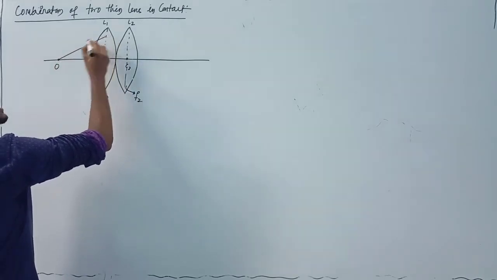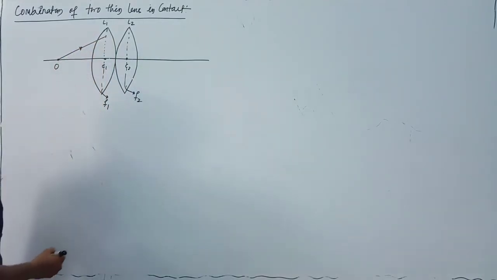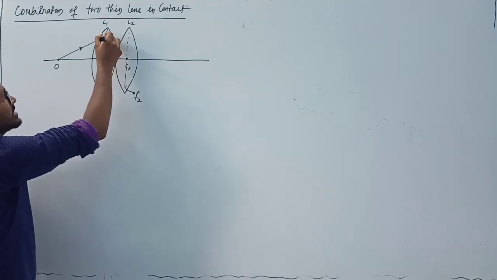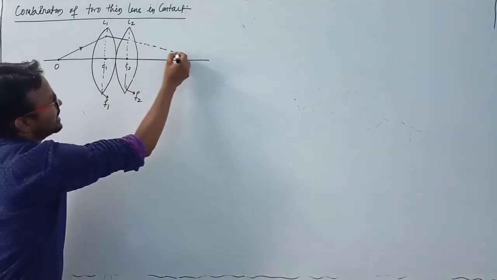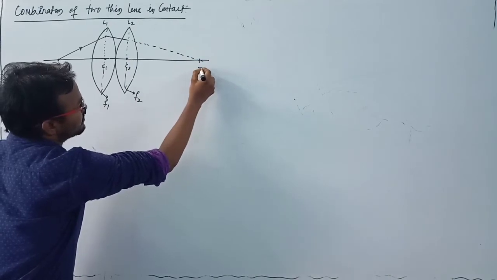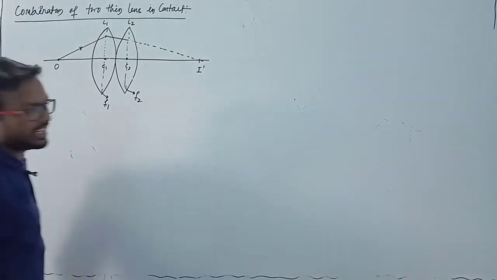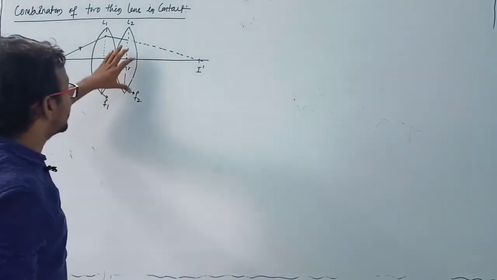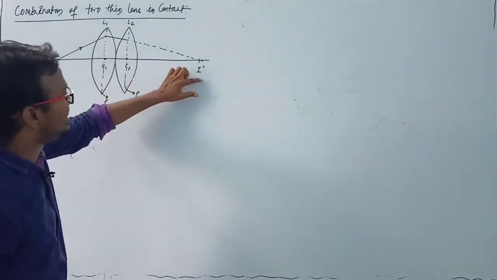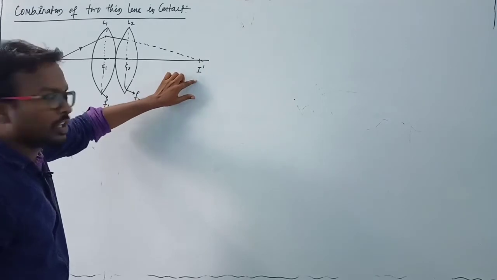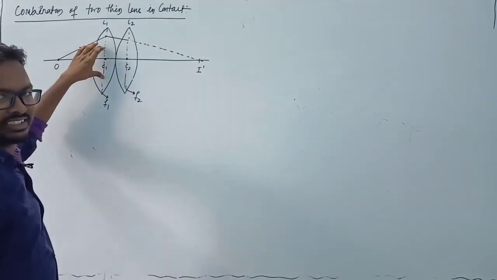The ray which is incident at this point travels in this direction like this and meets at this point. If we ignore the second lens, then this is the real image of the first lens.